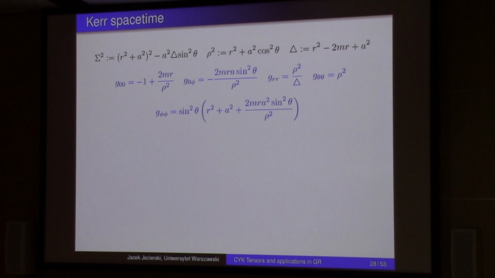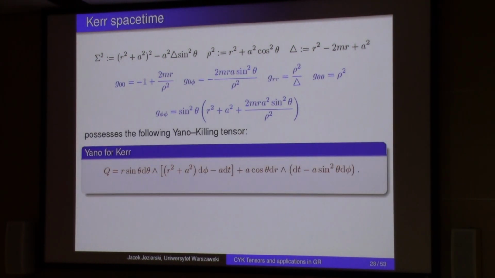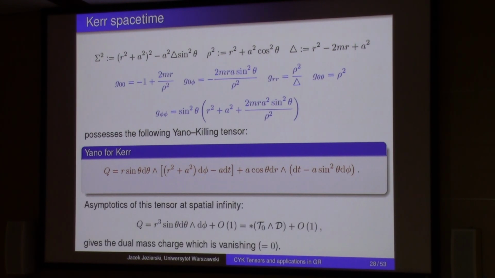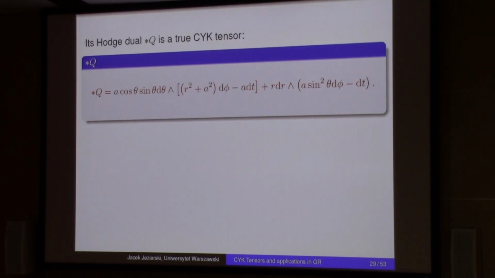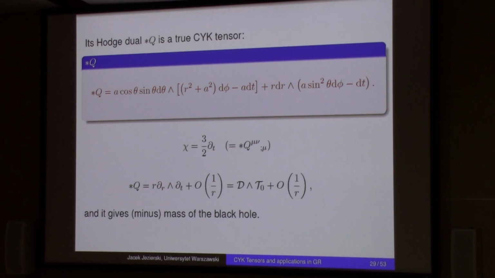So, okay. So you see, Kerr spacetime is obvious. It was shown many times. So what is new is Yano for Kerr. So we have this explicit form of Yano. We have maybe asymptotics. We have a dual object, which is no longer Yano. It is conformal Yano. This is, I think, Lane, Houston, and Somers found Yano for Kerr.